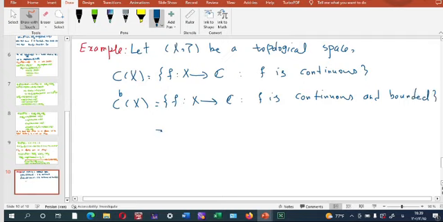So that this is equal to the set of all f in C of X such that f is bounded. f is a bounded function. Okay.